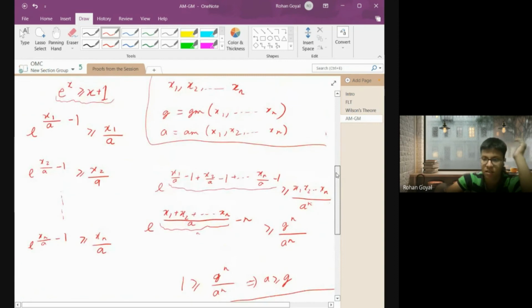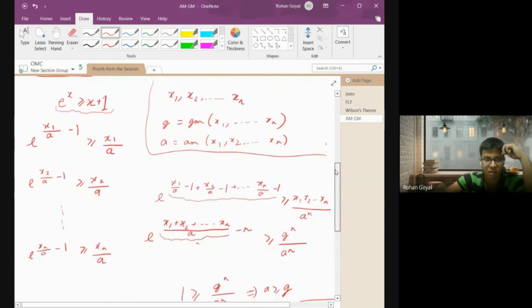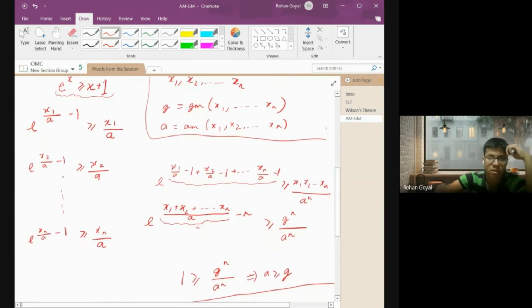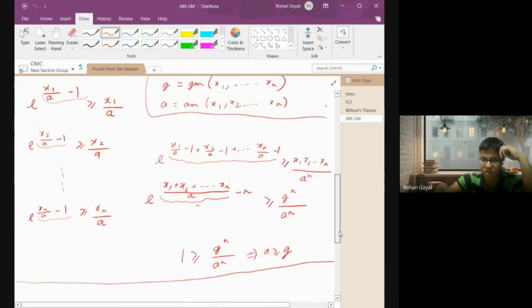Yeah, e is irrational, e is even transcendental. e is a scary thing. So e to the x is greater than or equal to x plus 1. So I'm just plugging in x equal to this thing. Yeah, something like that. So x1 by a, x2 by a, up to xn by a, and I just multiply it and I get the required inequality.